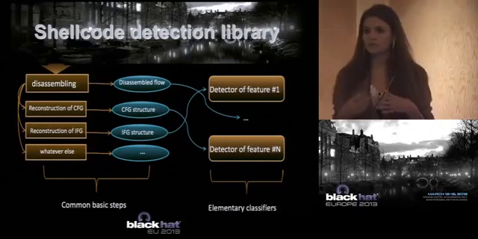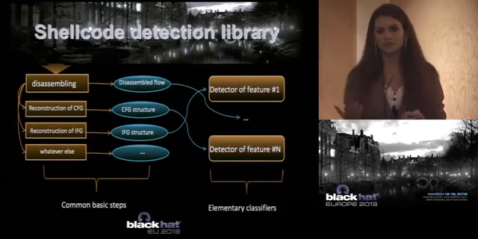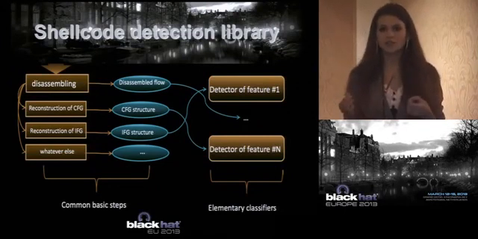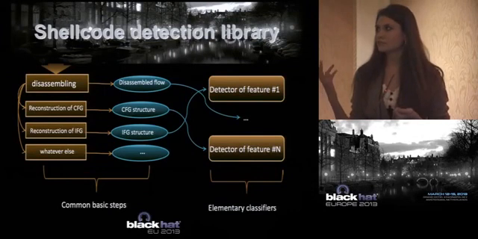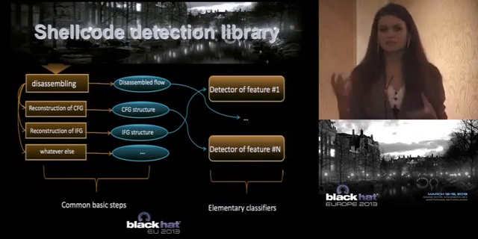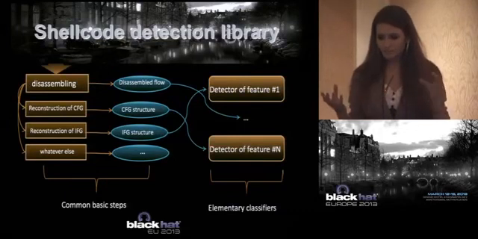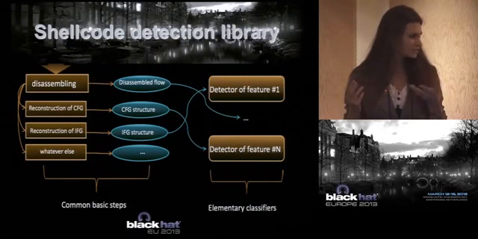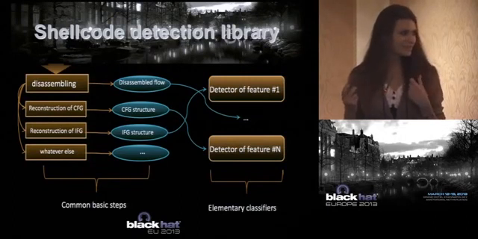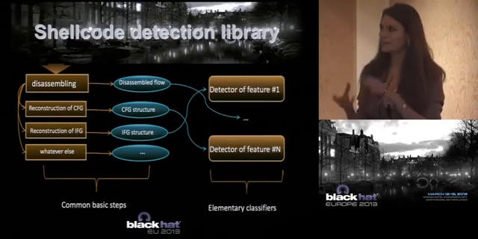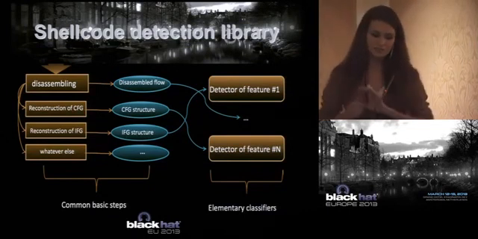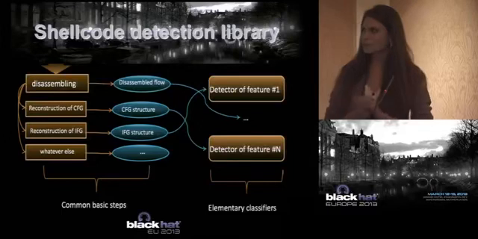When we looked at existing shellcode detection algorithms, we noticed that complex algorithms usually have pretty difficult heuristics inside them and typical routines. They have really difficult heuristics, and they communicate with each other in a complicated way.